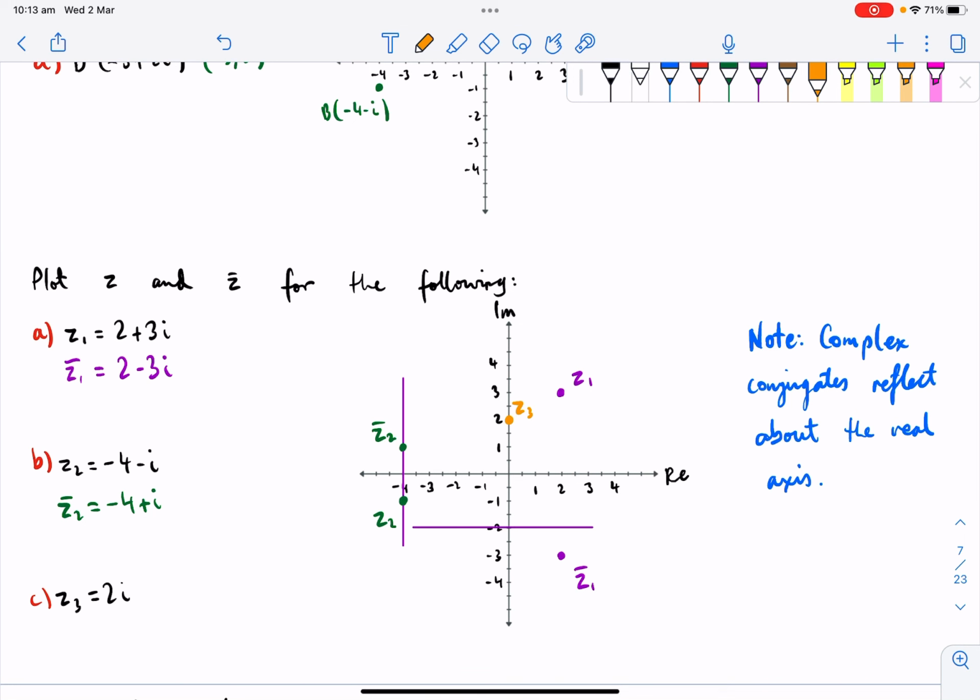So graphically, going by this statement here, that also tells me that Z3 bar equals -2i. All right, and there we have it. You can see all the conjugates are reflected from each other about the real axis. Nice and straightforward.